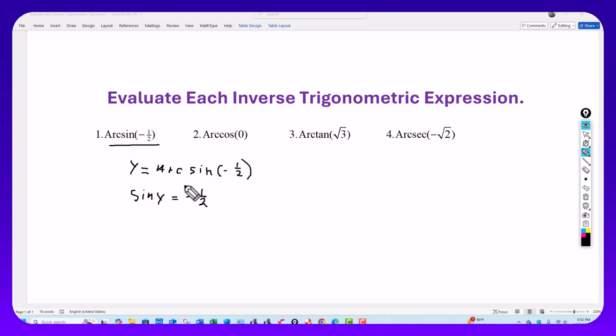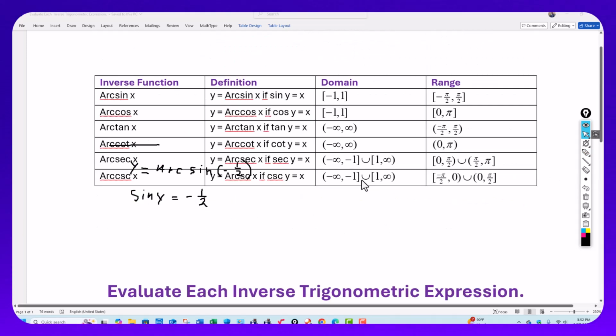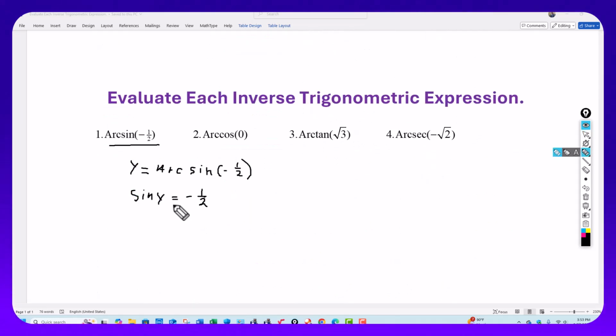And this is where you have to be careful here. There's going to be an infinite number of angles that have a sine of -1/2, but you have to stay within the range here, which is between -π/2 and π/2. Now we know the sine of π/6 is 1/2, but we need -1/2.